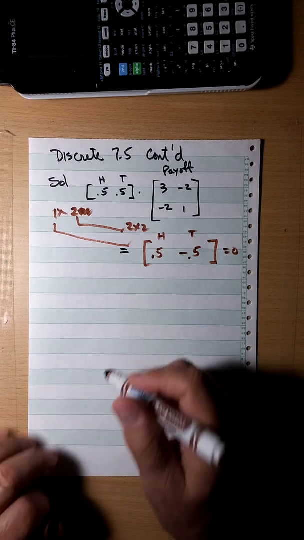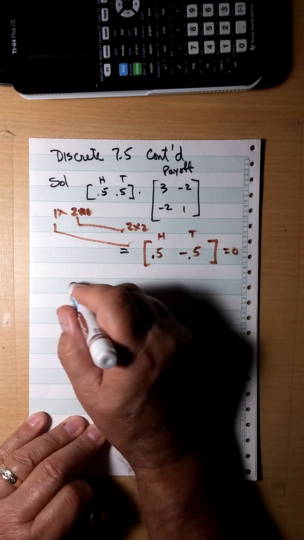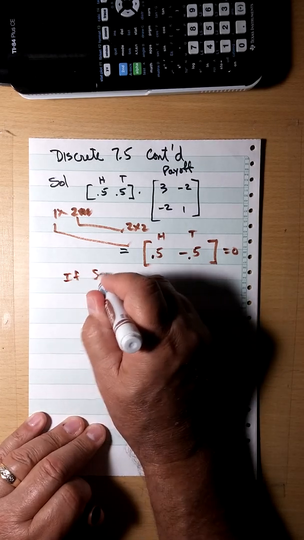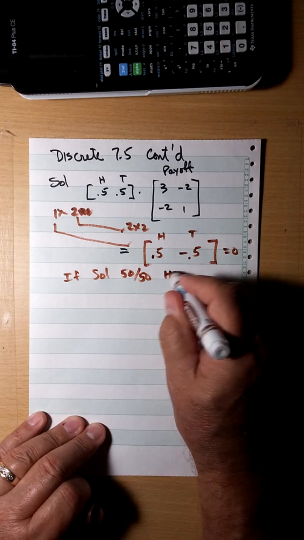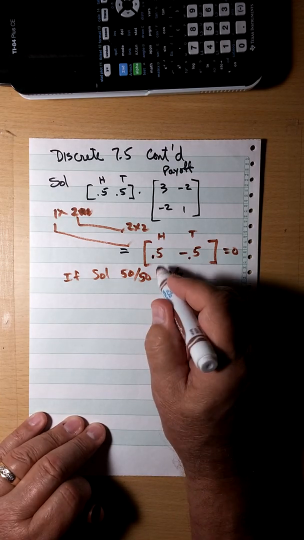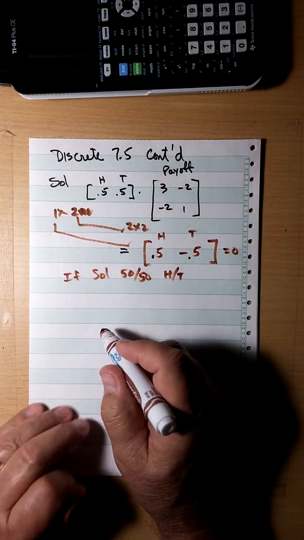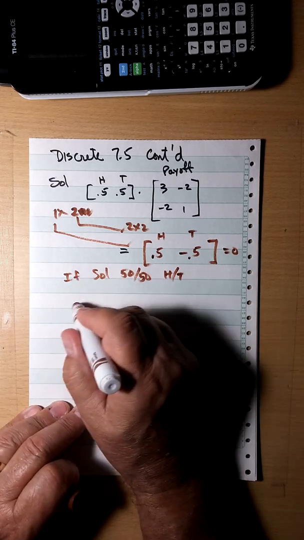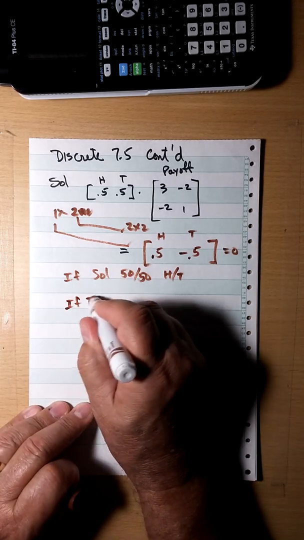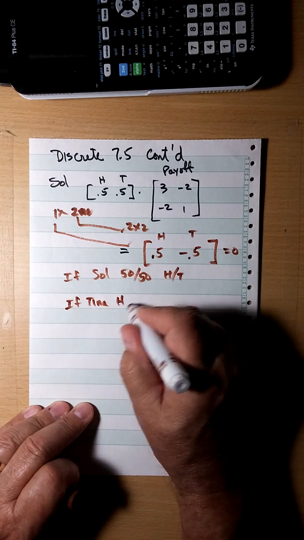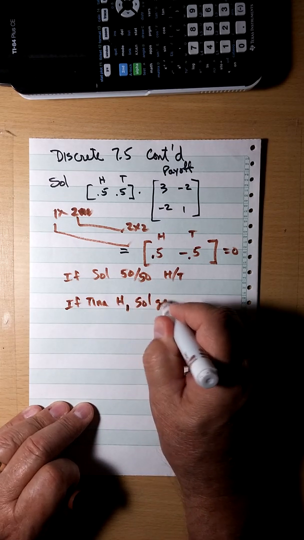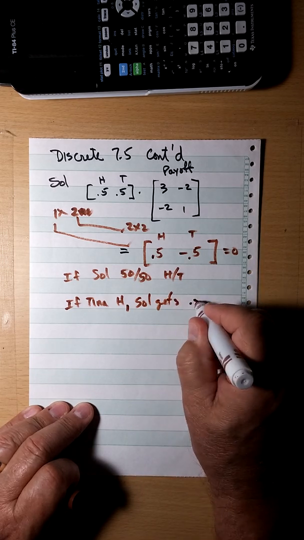What does this mean? If Sal does a 50-50, heads and tails, then if Tina plays heads, Sal gets 5 cents.